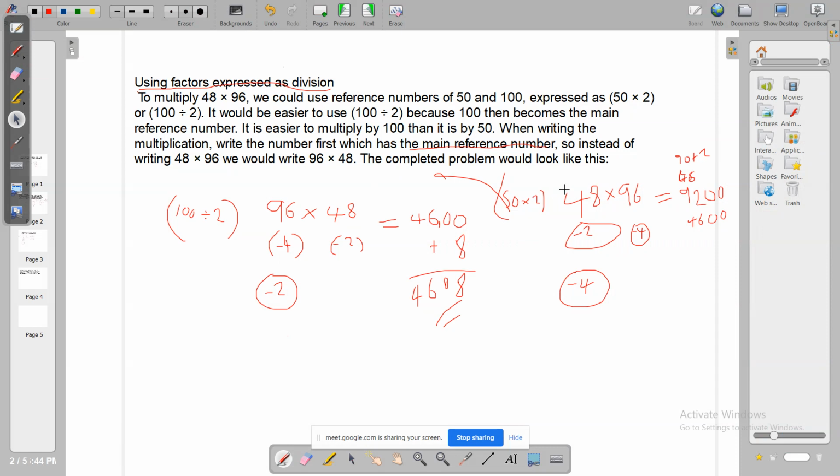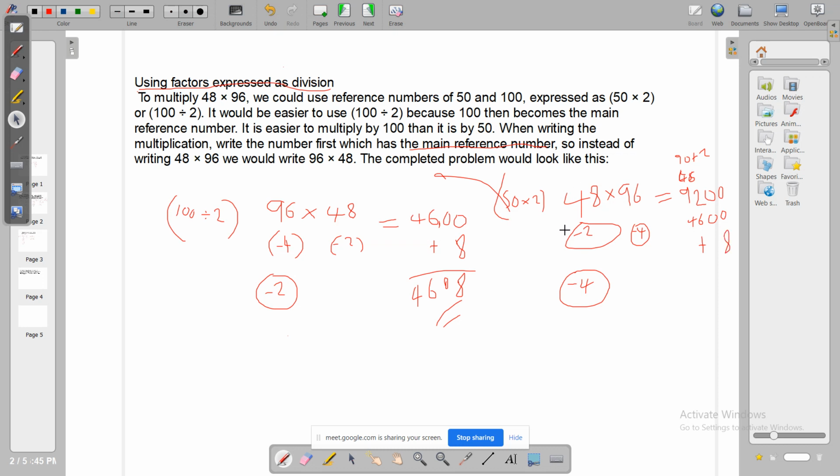Now when you are done with here, you multiply these two. -2 times -4 is what? +8, right? So plus 8. What is written under the 9,200?